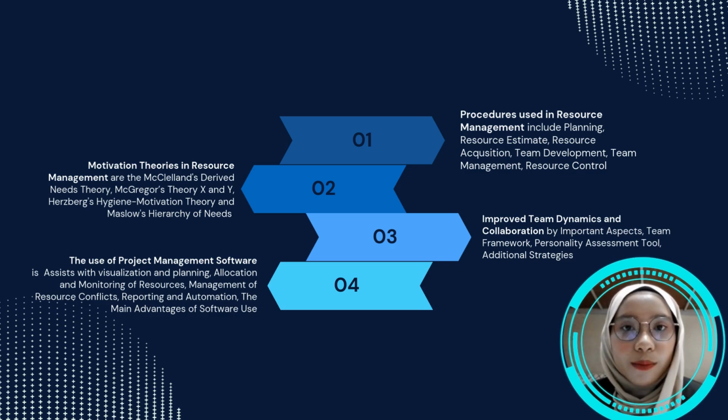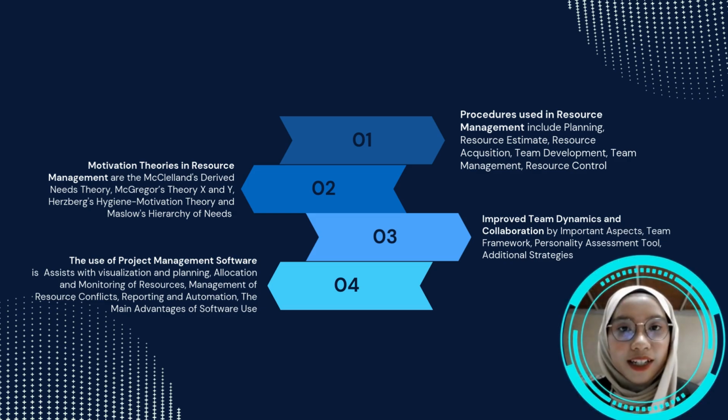Next, it explains the motivation theories in resource management, which are McClelland's derived needs theory, McGregor's theory X and Y, Herzberg's hygiene motivation theory, and Maslow's hierarchy of needs. In addition, human resource management also includes the topic of improving team dynamics and collaboration through important aspects: team framework, personality assessment tools, and additional strategies.